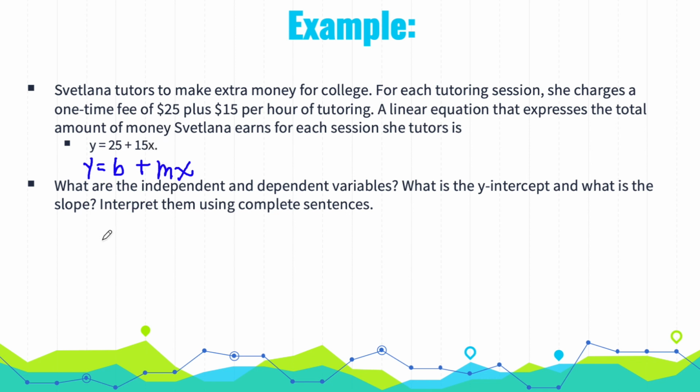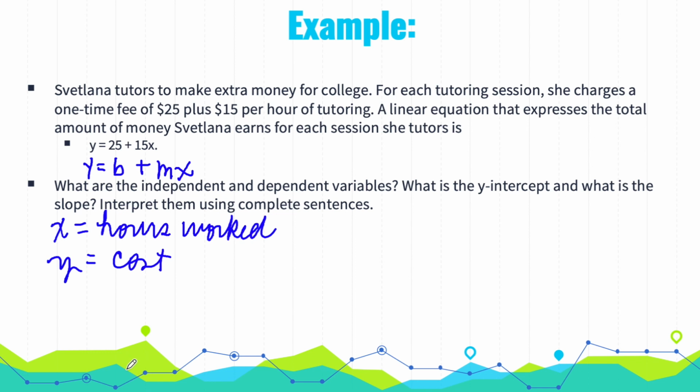What are the independent and dependent variables? Let's write that out. X is our independent variable, and it's the number of hours worked. Y is our dependent variable, and it's the total cost billed to the client.